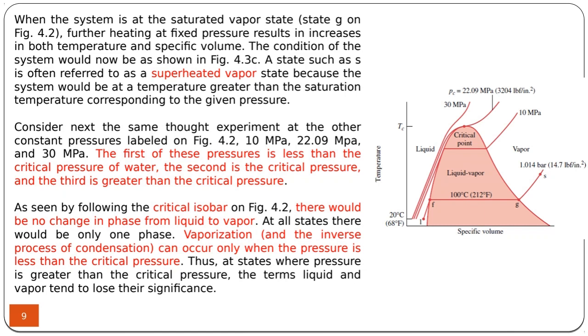Inside the saturation dome, we have mixture of liquid and vapor. The left-hand side of the saturation dome is liquid, or sometimes it's called subcooled liquid or compressed liquid. The right-hand side of the saturation dome is called vapor, or sometimes, most of the time, it's called superheated vapor.